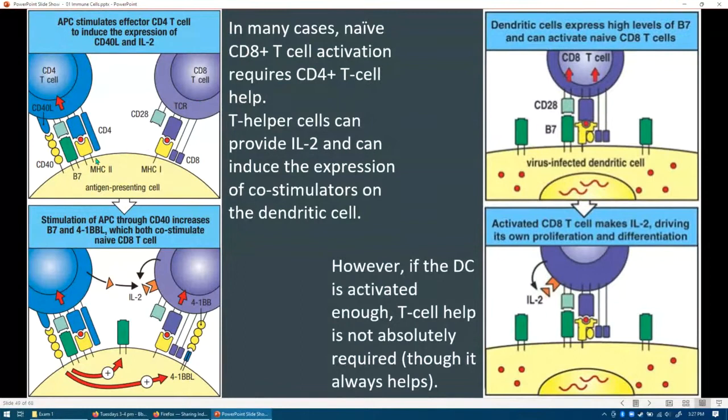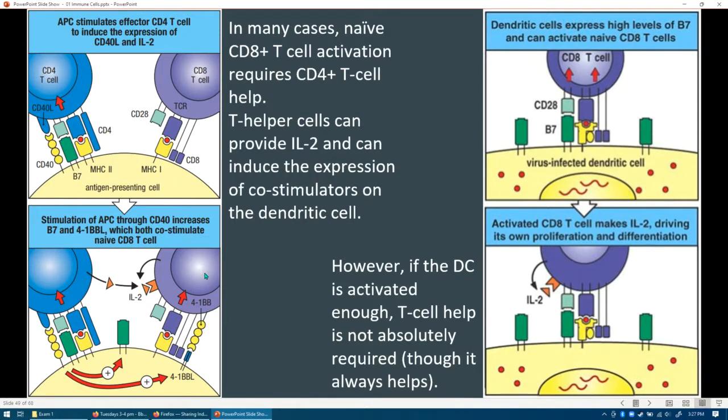However, if a Th1 cell swings by and it encounters its antigen inside MHC2 on the surface, it can tell the dendritic cell to begin making a lot of B7, which can then activate the naive cytotoxic T cell. And that Th1 cell can provide the IL-2 to help drive more co-stimulation of the cytotoxic T cell.